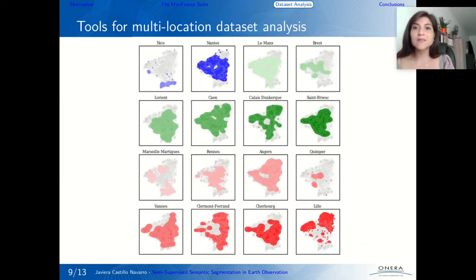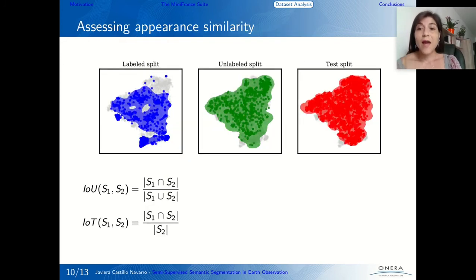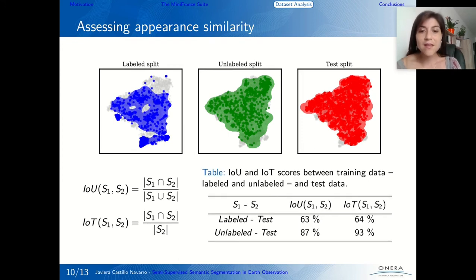This image presents the surface obtained for each city, and we can evaluate the appearance similarity between cities by measuring how much they overlap or how much a surface covers another one. So here we have the same surfaces by partitioning the dataset and the metrics that we are going to use to measure similarity, and by the results we can see that the label split is not enough to capture all the information in the test split.